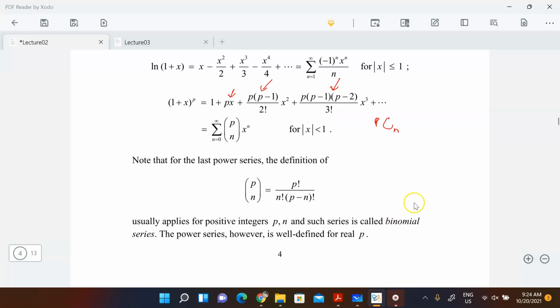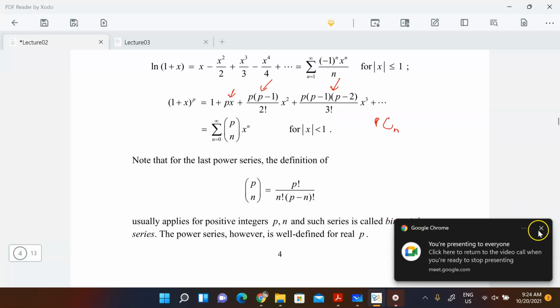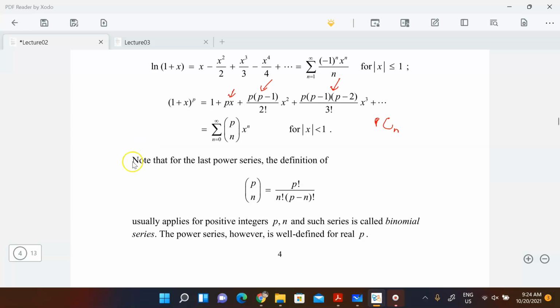The definition is also denoted as this bracket of Pn, and the definition is just given by p factorial divided by n factorial times p minus n factorial. So this is called binomial series, and I'm pretty sure that you have seen it quite a lot.